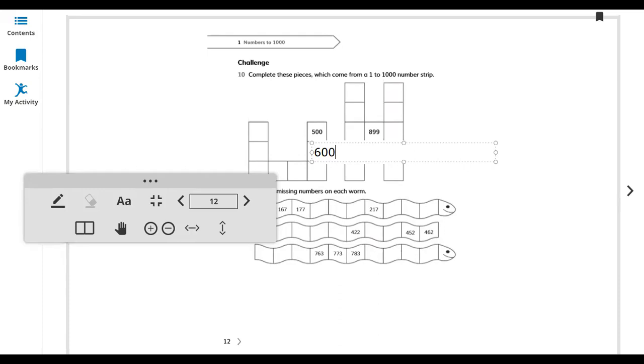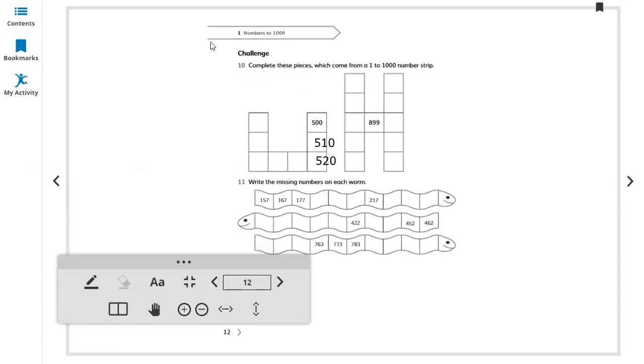Like this we are writing now 510 and 520. As I told you, when we are moving downward, plus 10, not plus 100. So 510 and then 520. And when we are moving left or right, backward, plus 1, minus 1. So backward, minus 1. So 520 minus 1, 519. So we need to write here 519.